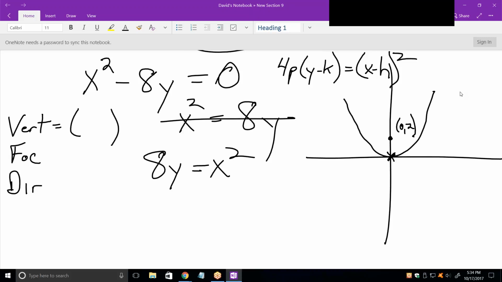So go ahead and put in your vertex, 0, comma 0. And then put in your focus. So the focus is 0, 2. Alright, then the directrix is -2, correct?